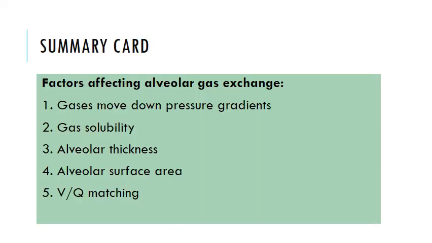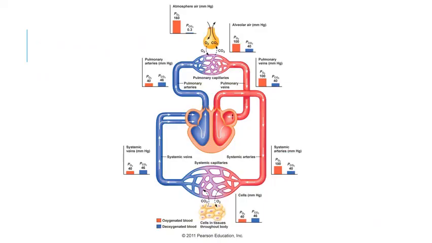Here's a quick summary of the 5 factors affecting alveolar gas exchange: gases moving down pressure gradients, gas solubility, alveolar thickness, alveolar surface area, and then of course VQ matching. So let's put all of these numbers together. Beginning at the top, inspired air has a PO2 of about 160 millimeters of mercury, and the PCO2 for all intents and purposes is 0.